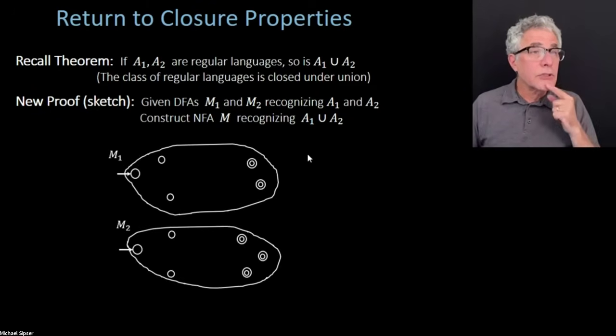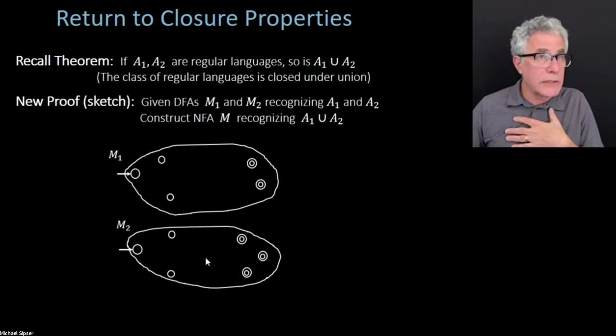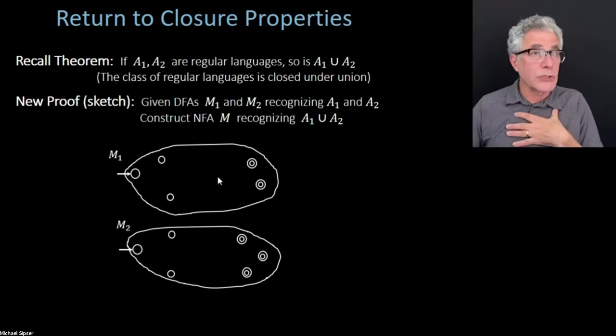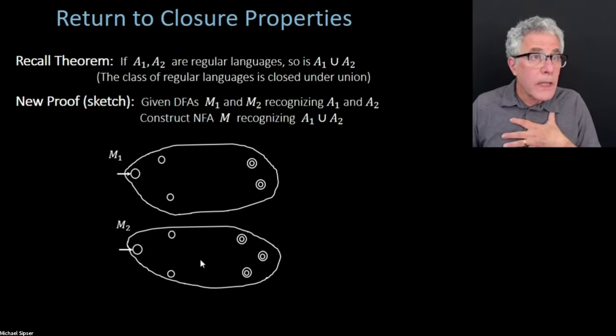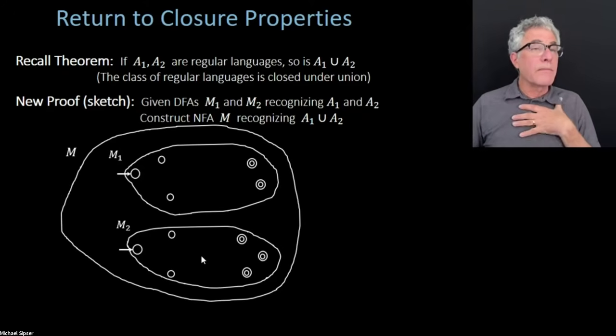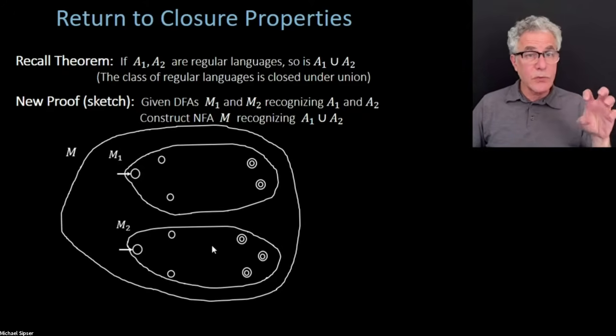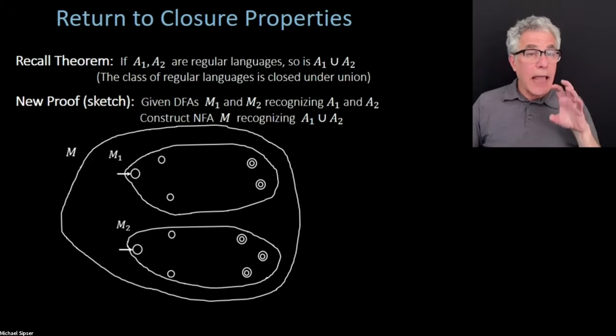Okay, so now here are the two DFAs that do the languages A1 and A2. And what I'm going to do is put them together into a bag of states, which is going to be M, the NFA that's going to do the union language. So remember, what is M supposed to do?